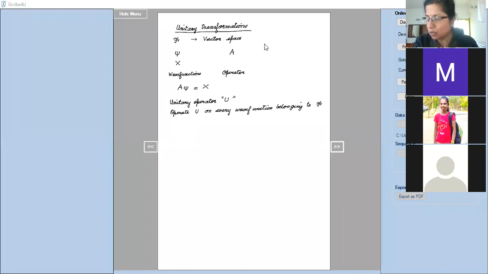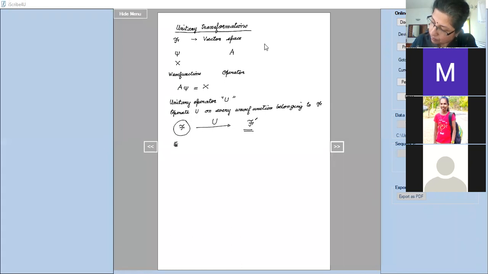So I had this vector space, and now I'm operating all the wave functions belonging to it with this U, creating new wave functions and a new vector space, which I'm calling F prime. The physics has not changed in F prime. How do I know? When I make measurements, I should get the same answers, correct? So which means what?